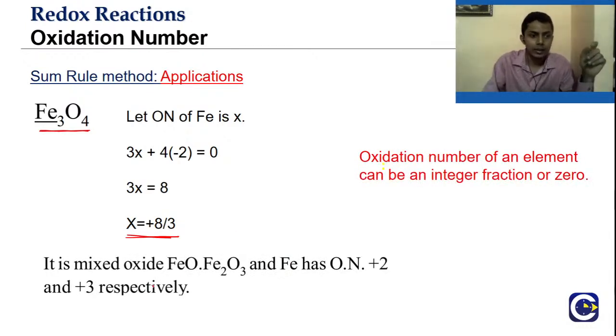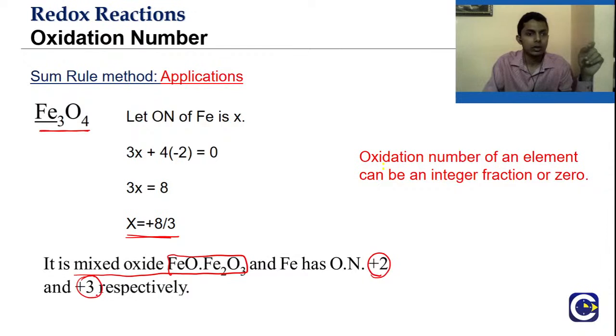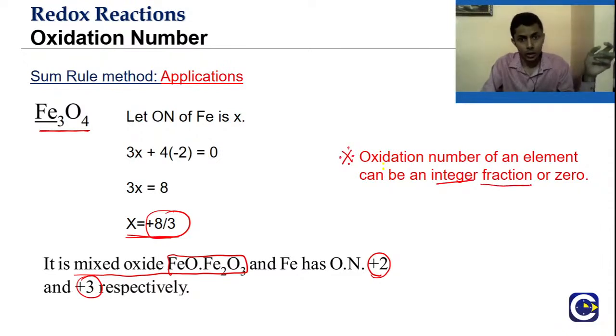Here the oxide Fe3O4 is a mixture of two oxides, having oxidation numbers of +2 as well as +3. Combined together, their oxidation number will be somewhere between +2 and +3. That's why we get the oxidation number as a fraction. So the conclusion is that the oxidation number of an element can be an integer, which is obvious, a fraction, or it can be zero also. One such example is the diatomic molecules in their free state, with zero.